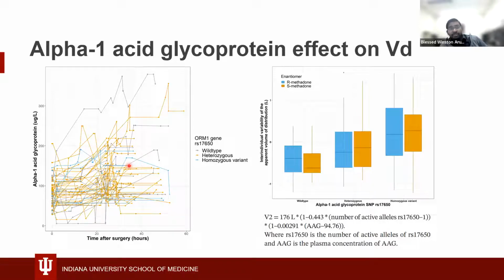But we still saw the relationship even after adding concentration as a covariate. So we added both to the central volume of distribution of the drug: the concentration of alpha-1 acid glycoprotein and the genotype.